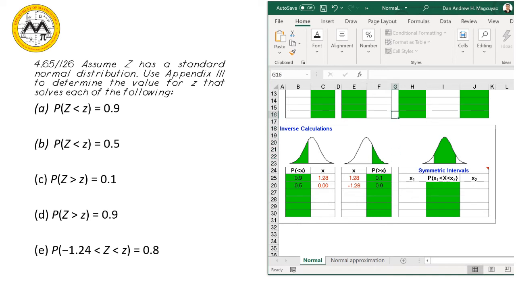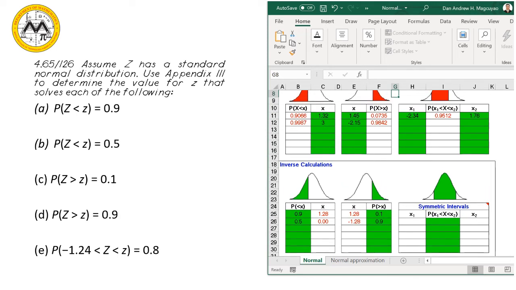So what we're going to do is, if we have greater than negative 1.24, the area to the left of negative 1.24 is 0.1075. So 0.1075 plus 0.8 is 0.9075.